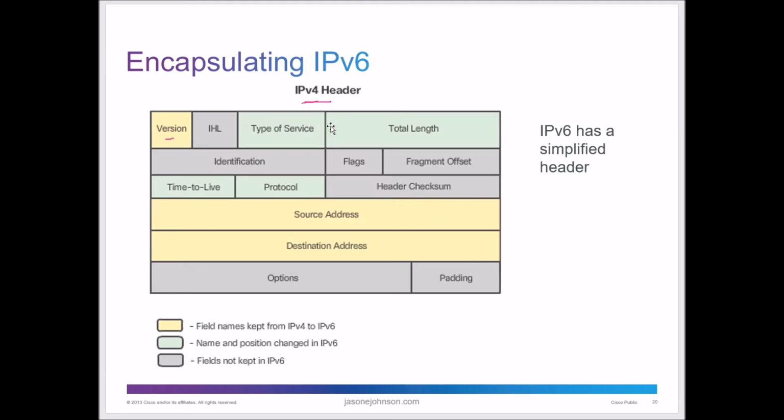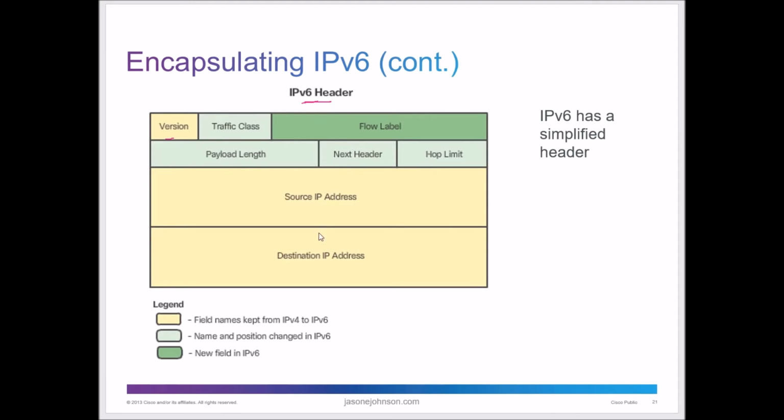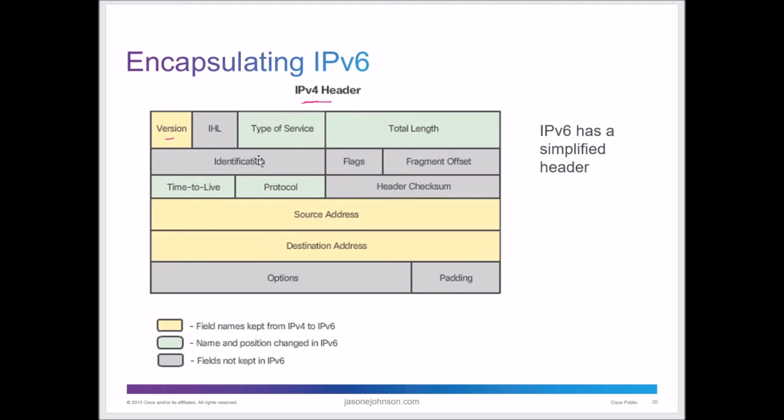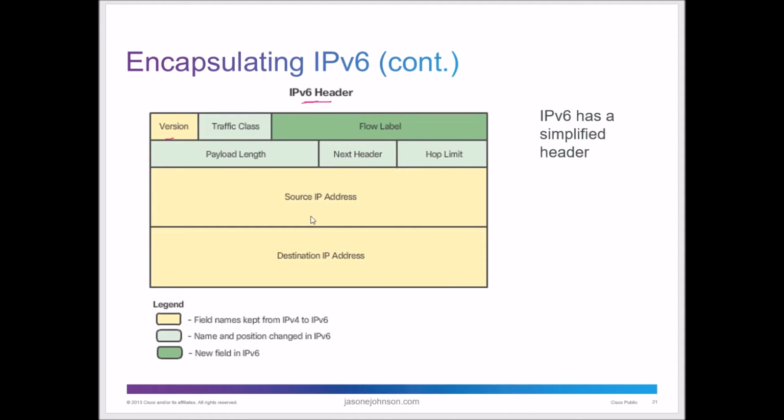If you notice the difference here, our version stayed, our source and destination IP. But if you notice something else, they simplified the header. They simplified it. So we had all of this information here. Now they've pared it down. So there's not as much to it, so it's simplified, which makes it easier to deal with.